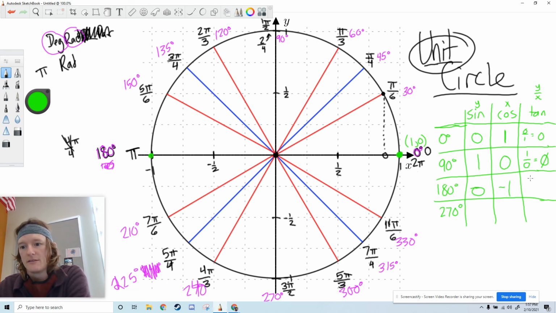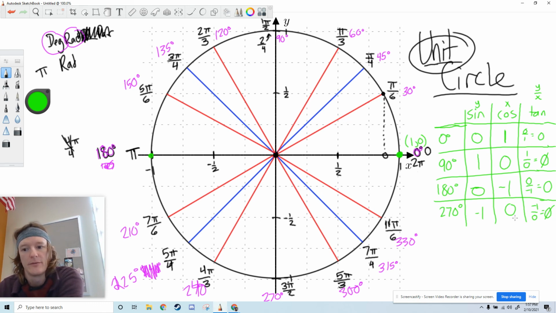So 0 divided by -1, well, we're still 0 for our tangent. And then for 270, we've got sine is -1, cosine is 0, the x value is 0, and we have -1 divided by 0. You can't do it. Undefined. Doesn't work. I can show you why at another time.